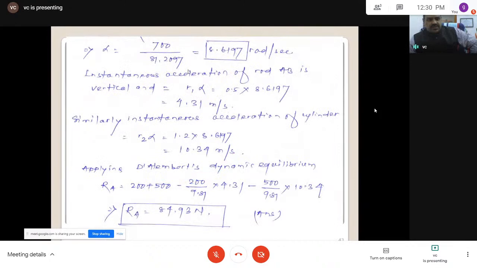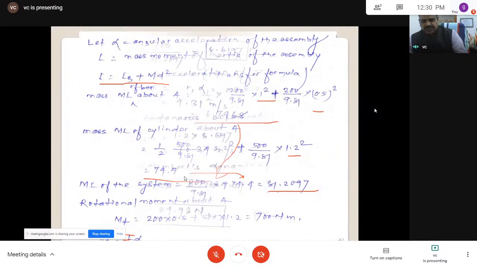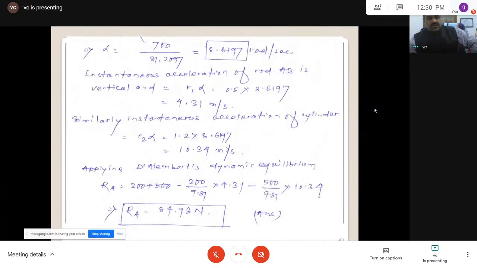Alpha is equal to M by I. M is known to you, I is known to you. M is 700, I is 74.4. Then the instantaneous acceleration is R alpha, the tangential acceleration. R is known, alpha is now known, so R1 alpha, R2 alpha, where R is the radius.